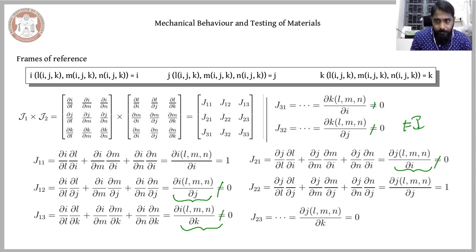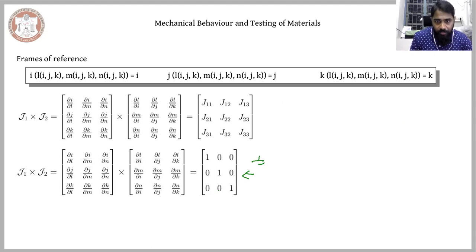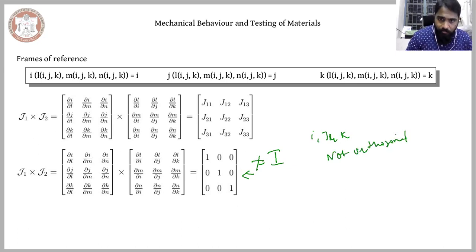Ultimately, this will not be equal to an identity matrix when i, j and k are not orthogonal. So the product of the Jacobians in that case will be non-diagonal and not an identity matrix. So in that case the coordinate systems are not inverse of one another.